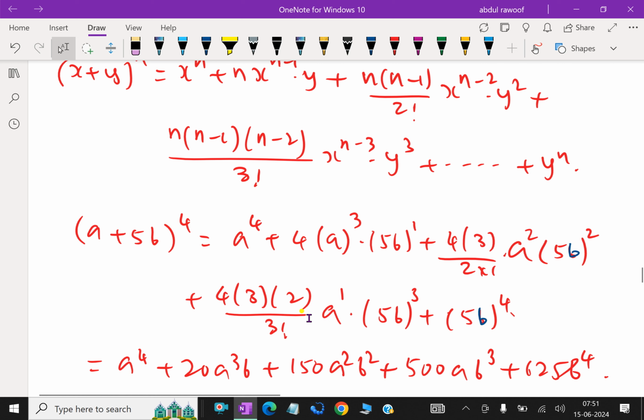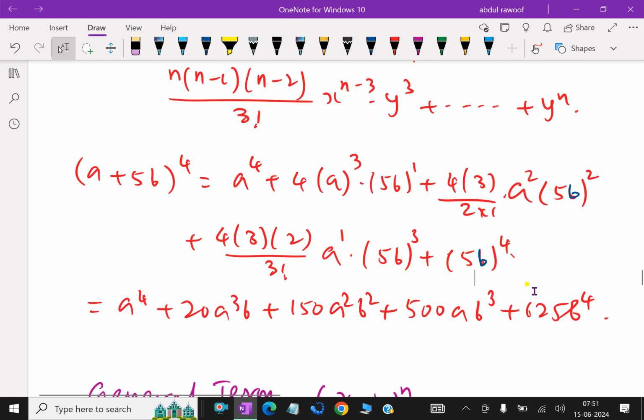Then next is 4 into 3 into 2 by 3 factorial. 3 factorial is 3 into 2 into 1. Then 5 cube is 125. And 5 power 4 is 625.